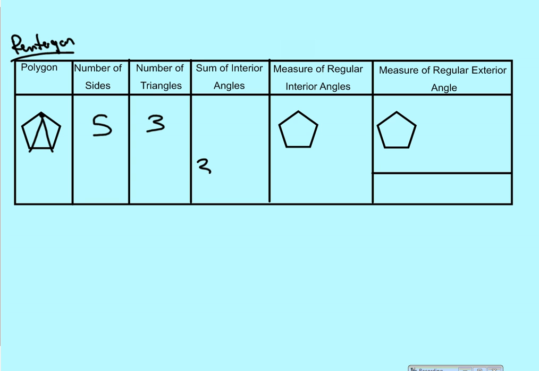So that's 3 times 180, which is 540. If it's regular, that means all sides are equal and all angles are equal, so I take 540 divided by 5. Each angle is going to be 108 degrees. If each one in here is 108, then on the outside, that's got to be 72 degrees.